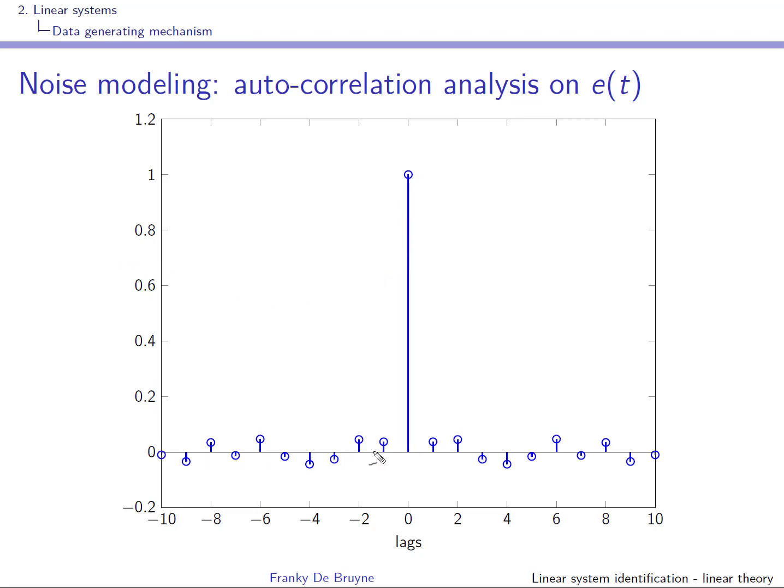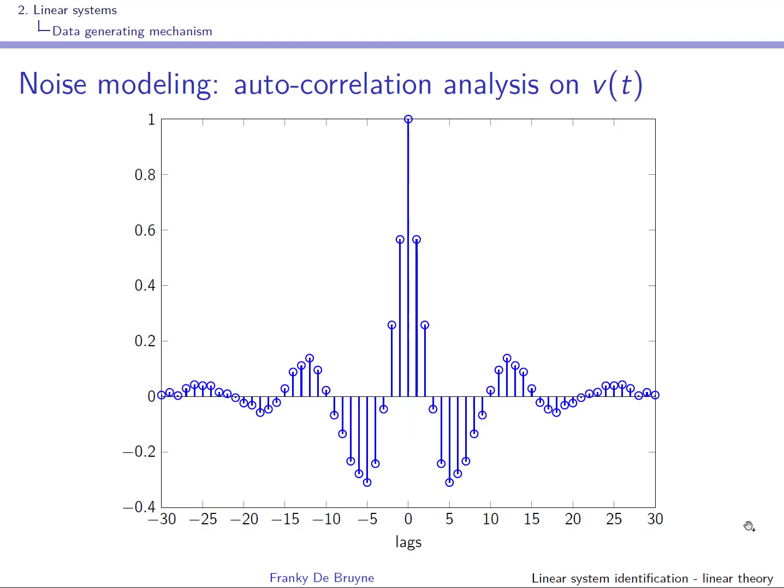You see that the autocorrelation is not exactly 0 for lags different from 0. This is because we compute the autocorrelation based on a finite number of data points. If n increases, you will see that these values will become smaller and smaller.